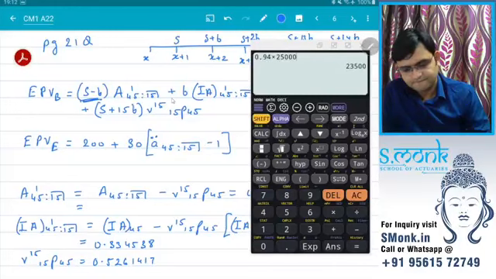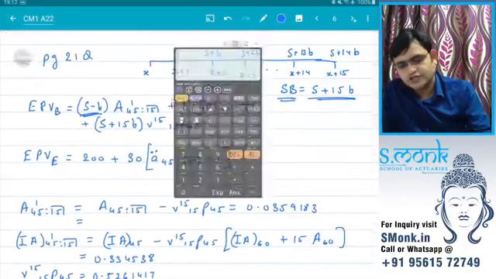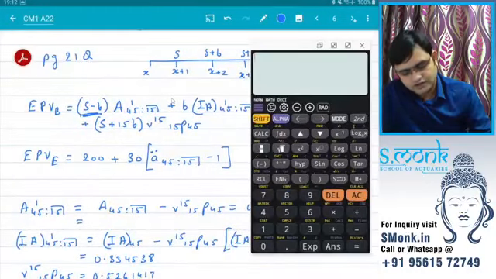Okay, or I will just take everything in terms of 25. I'll say 25,000, then bracket. Okay, or let me just calculate. I just don't want you to get confused, so I will just calculate 25,000 into 1 minus 0.06.